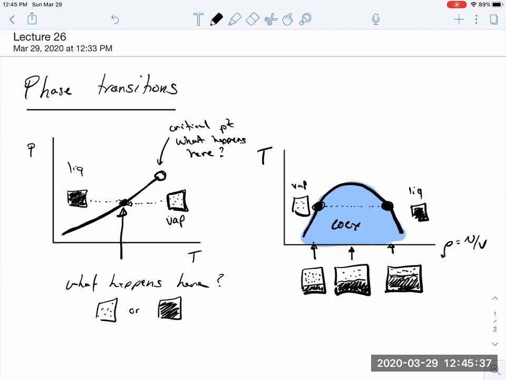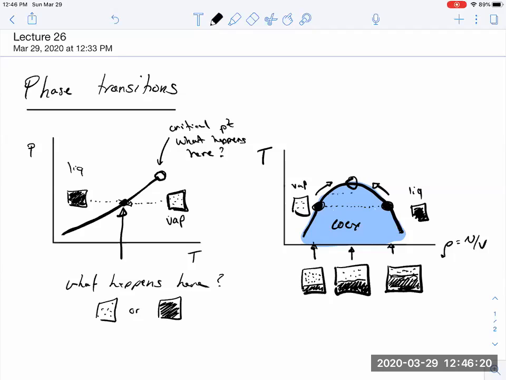Well, let's think about manipulating the system by changing its density. So again, this coexistence curve tells us that as we get closer to this critical point, the densities that the system likes to be in, either in its liquid state or its vapor state, let's redraw this. As we increase the temperature, the density of the vapor gets closer to the density that the liquid likes to be in.